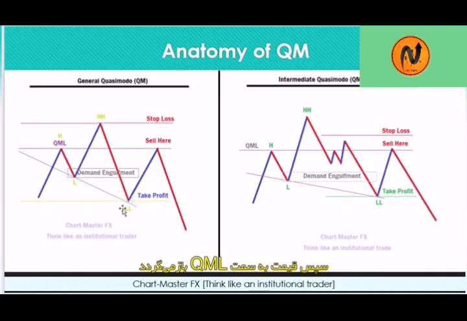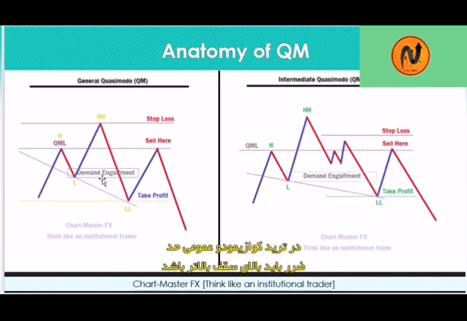Once a lower low was created, then when the price returns to the QM level, that's the place where you sell. Once you sell, then your target profit will be the depth of the movement of the price when it engulfed the lower low. So this is the characteristic of the general Quasimodo.